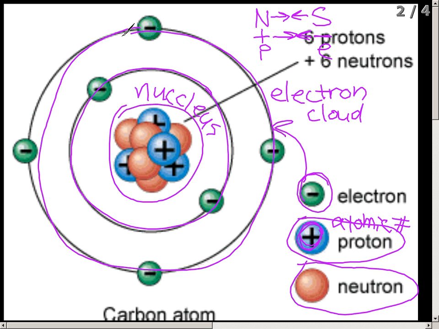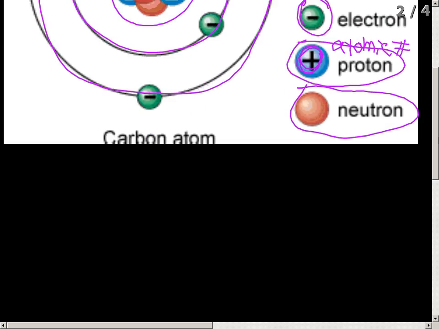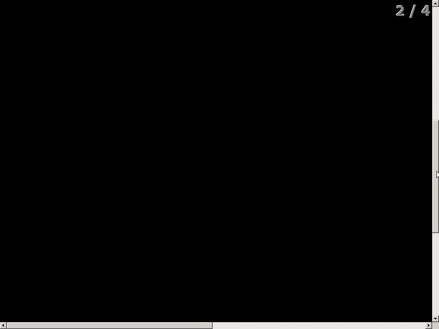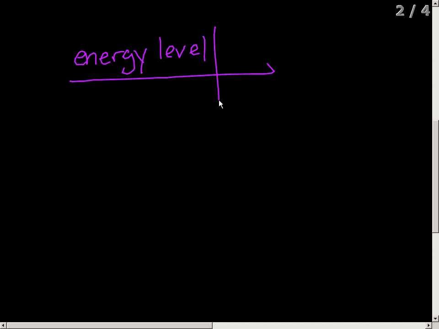So in level 1, so for the energy level of the cloud, versus the number of electrons it can have. Notice, this is shorthand for an electron, because electrons start with the letter E and they carry a negative charge, so the opposite of protons.